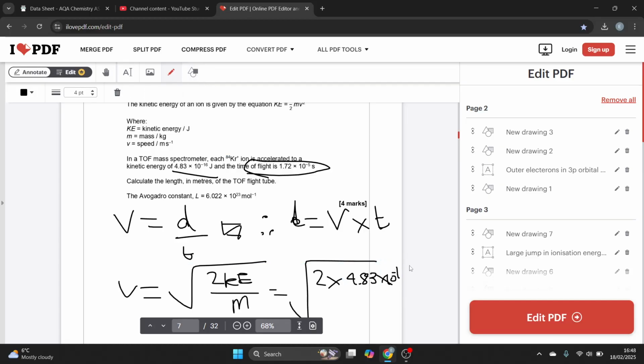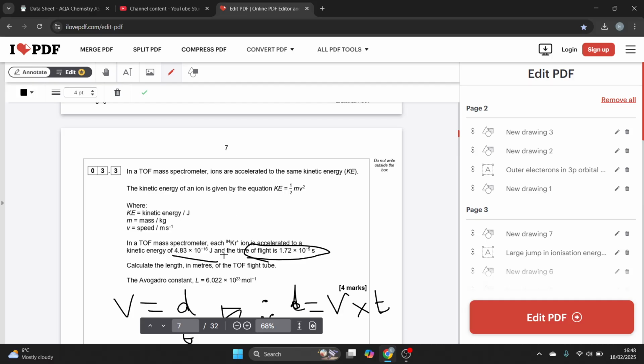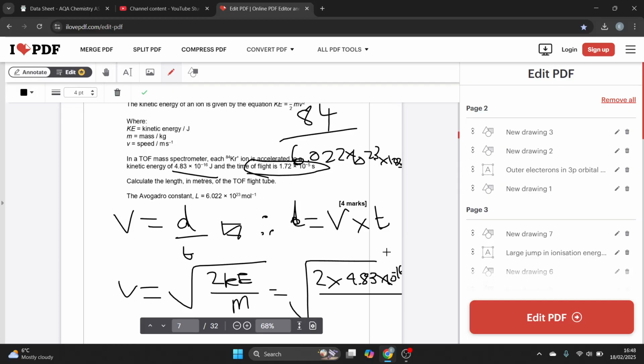Divided by the mass of the 84Kr+ ion, which is just 84 divided by 6.022 times 10 to the power 23, divided by 1000.